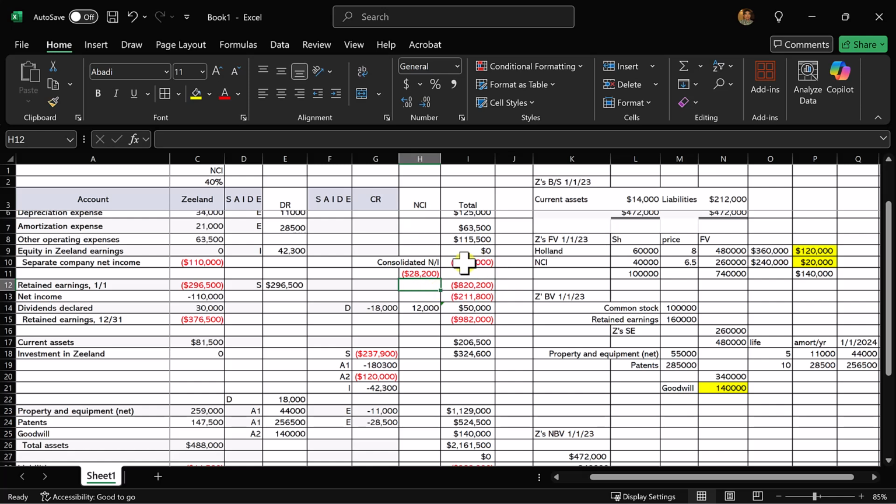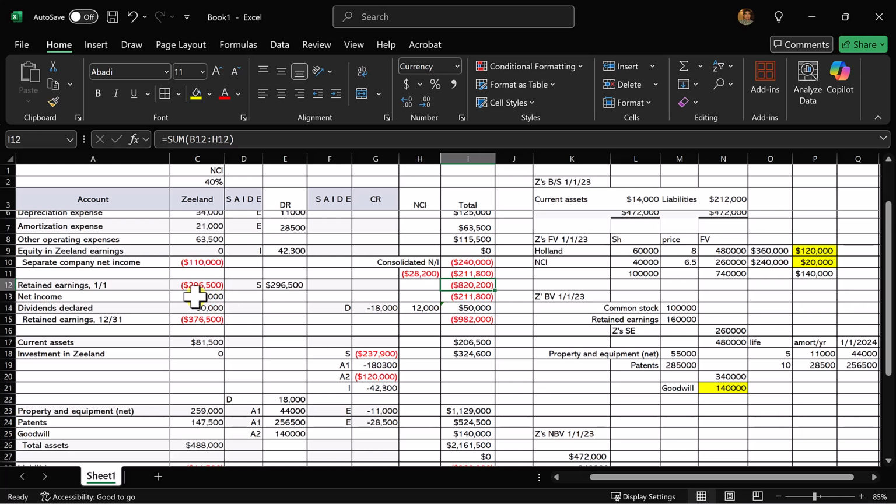So I've got to reduce this consolidated net income by what we allocate to the 40%, leaving this 60%. Let me just double check if it comes out to the same number. I actually got to add that negative number, yeah? Let's see, so minus the negative.